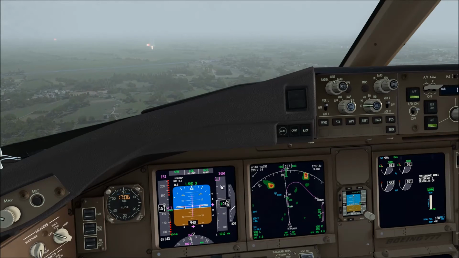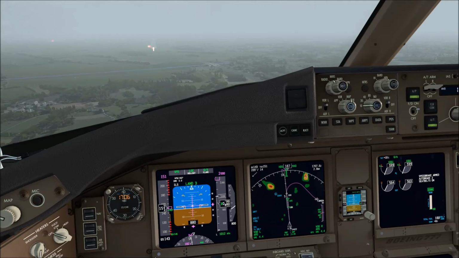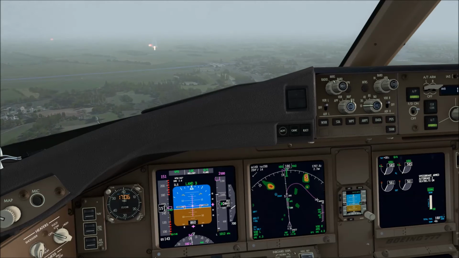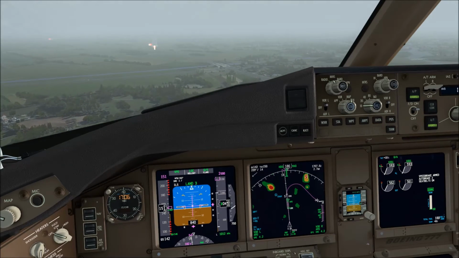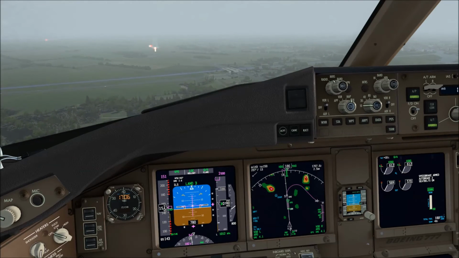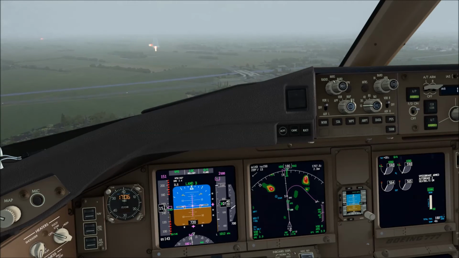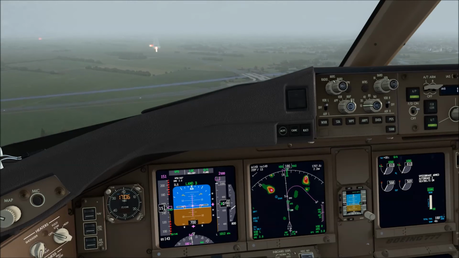So we've now passed 1000 feet, we've got the required RVR, and we can continue the approach. Should we have an engine failure or any problems at this stage, we can continue the approach. The aircraft is perfectly capable of handling the failure.